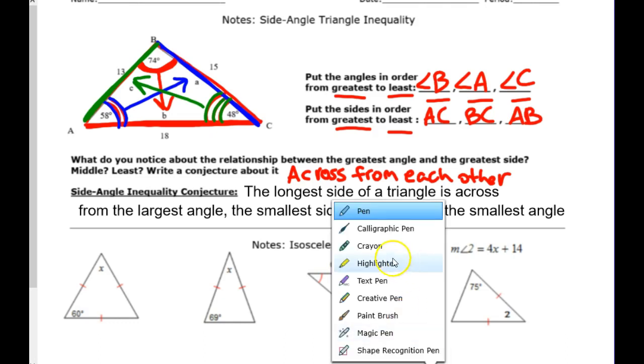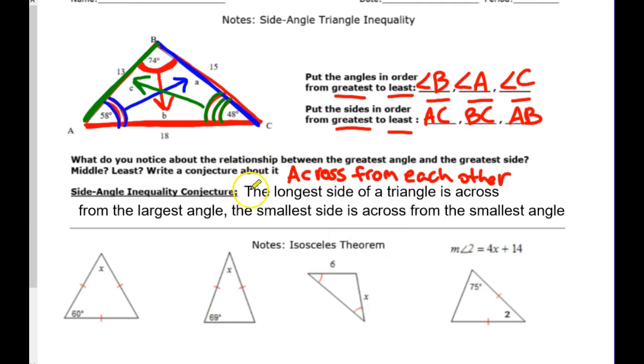The longest side of a triangle is across from the longest angle, and the smallest side is across from the smallest angle. Make sure you get this down. This is going to help us on the practice when we need to put sides and angles in order when we have missing side lengths or missing angles. We can figure it out by the relationship to what they are across from.